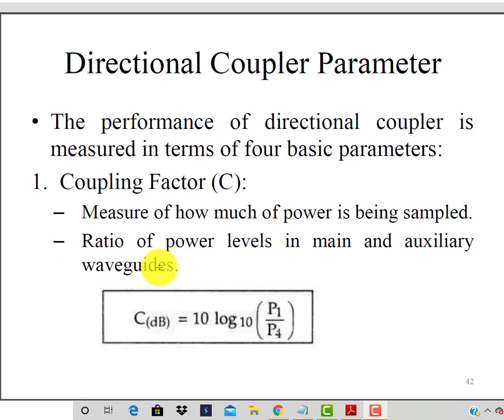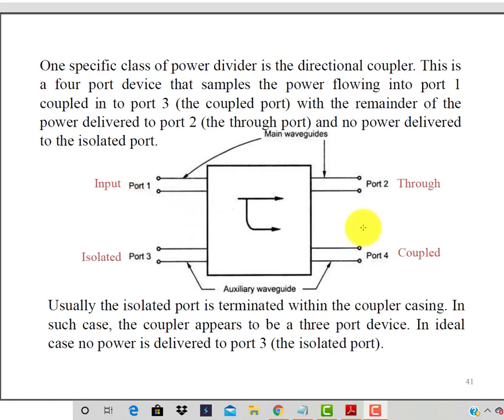The main four characteristic parameters of a directional coupler are coupling factor, directivity, isolation and insertion loss. These four parameters describe the performance of a directional coupler. The first one, coupling factor. Here the amount of coupling provided in between port 1 and port 4.